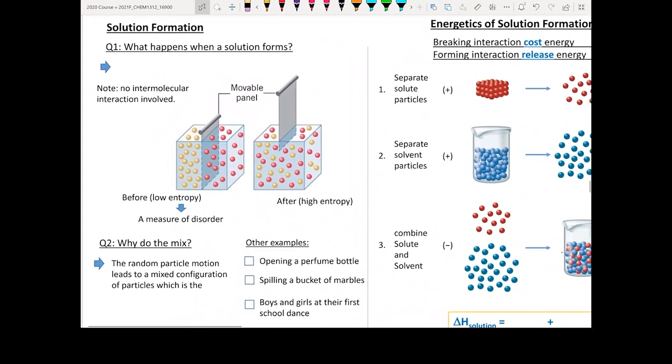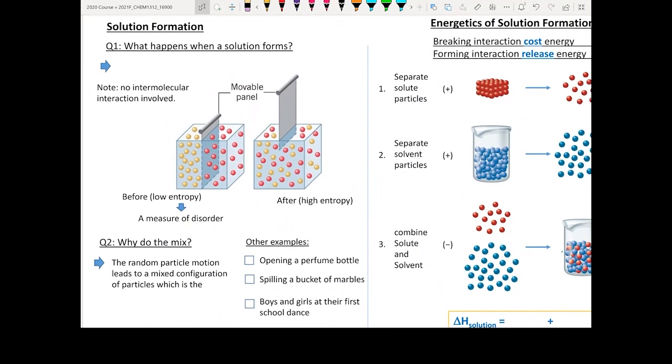Okay, so let's talk about solution formation. Quick question, think about this. If today you have substance A and substance B, in order to form a solution, the first thing you do is what? You mix them together, right?